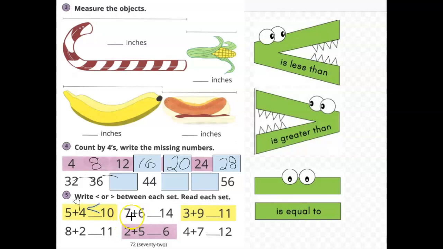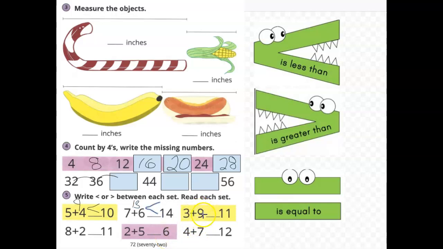Okay, so let's go to this one. 7 plus 6. 7, and then I add 6 more. 7, 8, 9, 10, 11, 12, 13. So that's 13. Okay, and a 14. Now the alligator mouth wants to eat the bigger numbers. 13 bigger or 14 bigger? 14 is, right? All right, let's do this last one in the row. 3 plus 9.